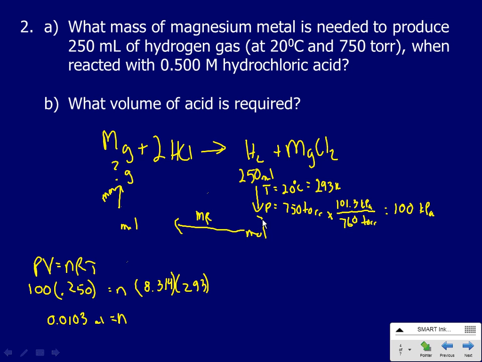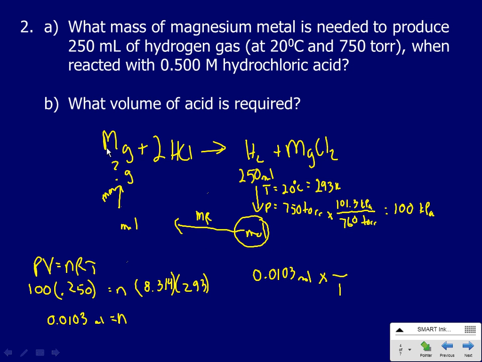Now we are right here in our map. Now I'm going to just write those moles down, and I'll just keep doing my conversion factors that I normally do. 0.0103 moles of H2. Now my map tells me I need the mole ratio. What I have on the bottom, 1.